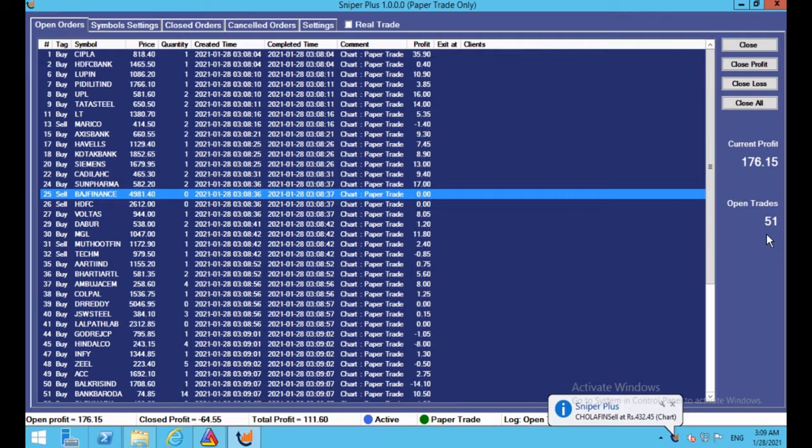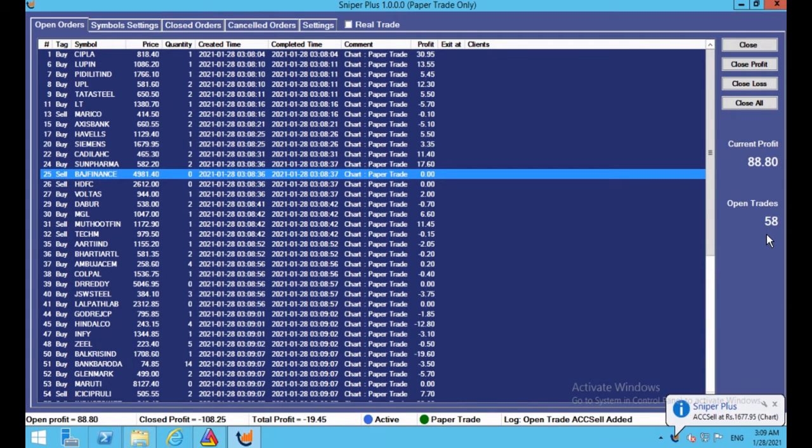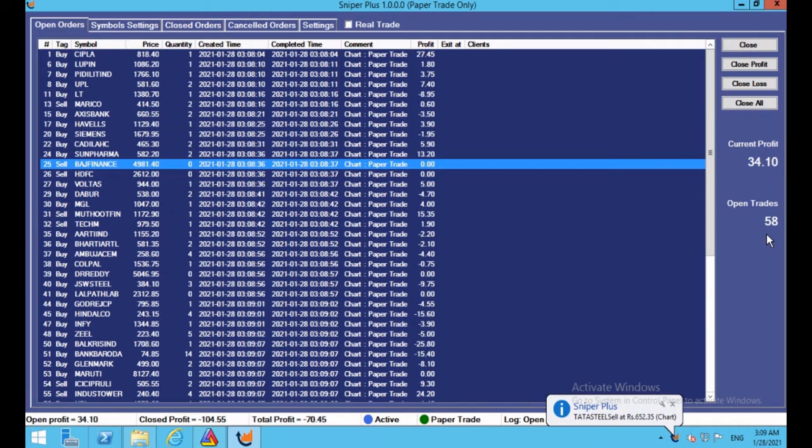Now we have 51 open trades, almost 53. But with 10,000 rupees of capital the broker will not allow us to trade them all. The maximum is like 10%, which means it will take only 8 to 10 symbols at a time, not more than that.